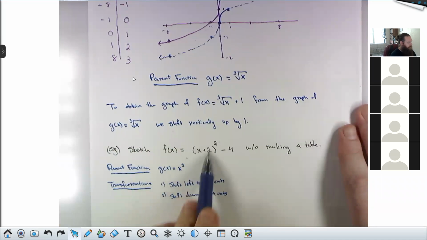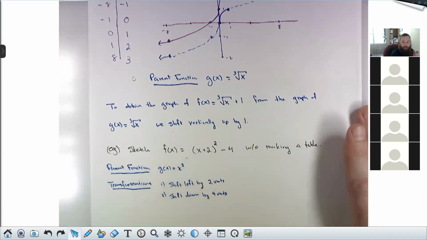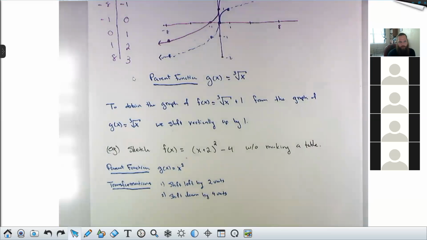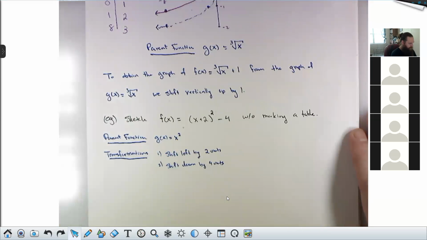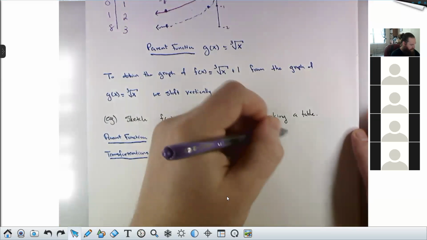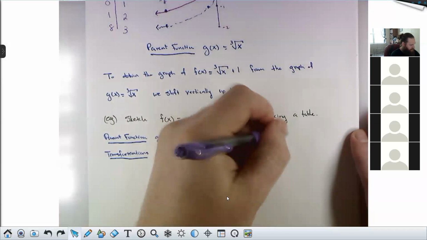All right, the x plus 2 inside moves me to the left by 2 units. We replace x by x plus 2, that goes left 2. And then subtracting 4 on the outside, just like adding 1 on the outside moved you up, subtracting 4 on the outside will move you down 4 units. So I'll squeeze this in here. Left and down.